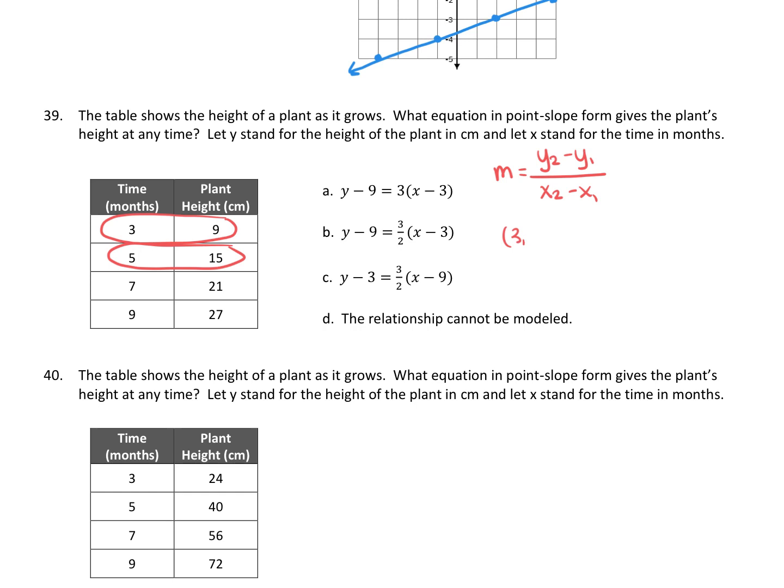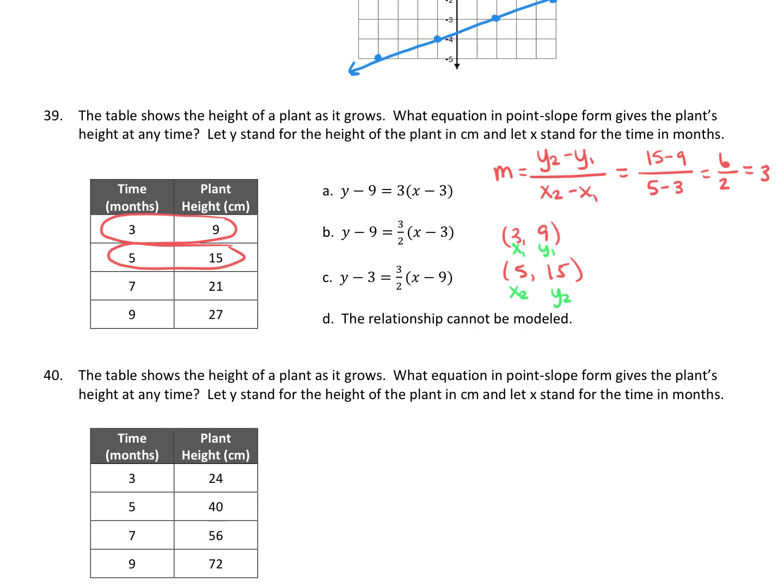That (3, 9) is your x1, y1, and the (5, 15) is your x2, y2. And then all we do is substitute those numbers into our slope formula. y2 minus y1 is 15 minus 9 over x2 minus x1, 5 minus 3. 15 minus 9 is 6 over 5 minus 3 is 2, and 6 divided by 2 is 3. So we know that our slope is 3.